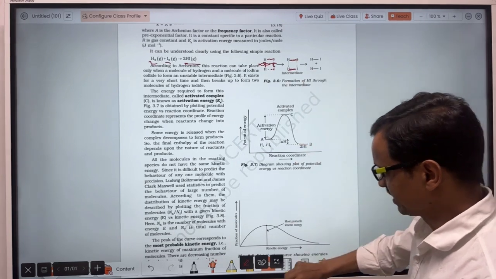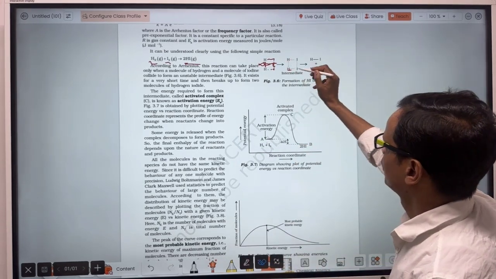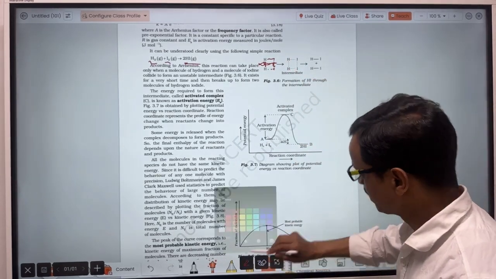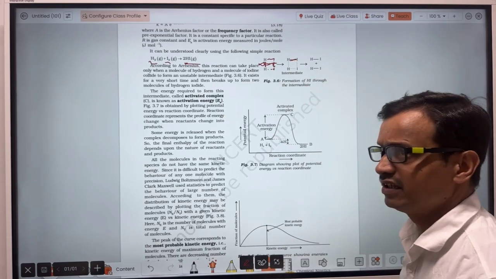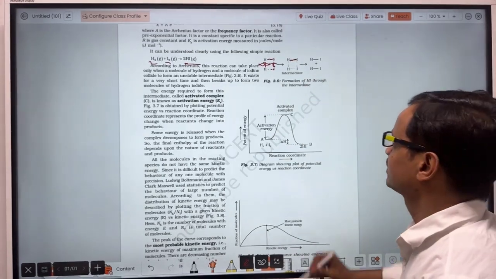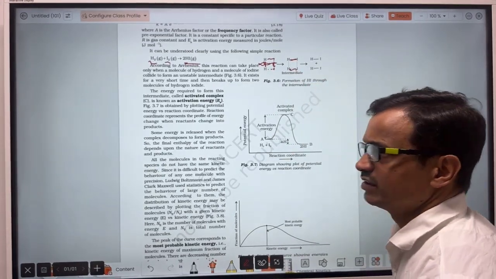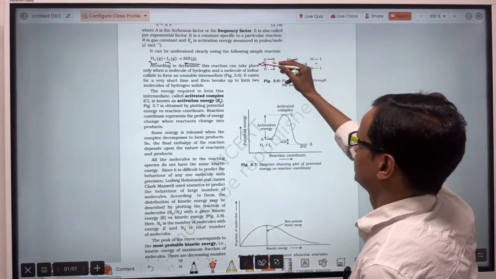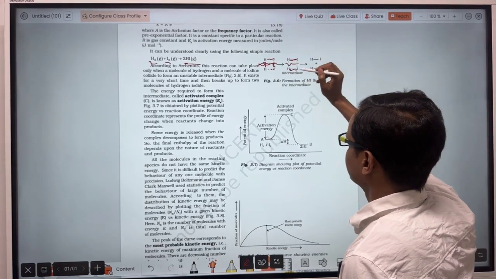There will be a strengthening of the bond between this hydrogen and this iodine, as well as between this hydrogen and this iodine, and cleavage of the old bonds will start.